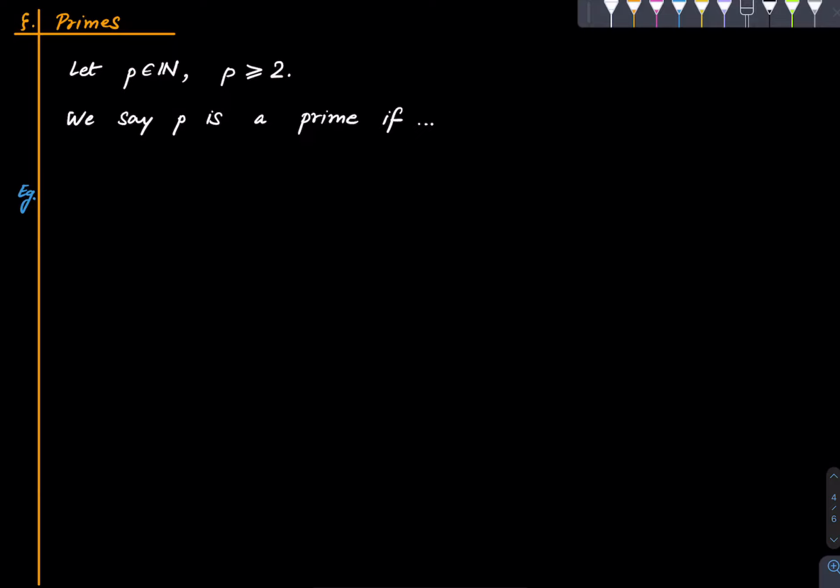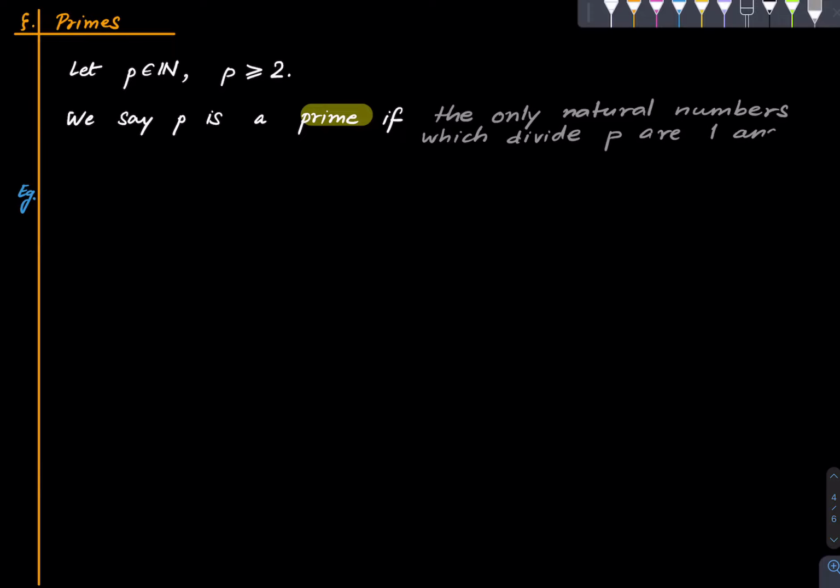We say that it is a prime if the only natural numbers which divide P are 1 and P. So P is a prime if the only positive factors of it are the number itself and the number 1.